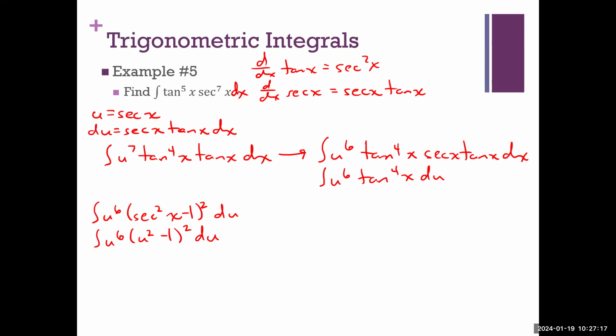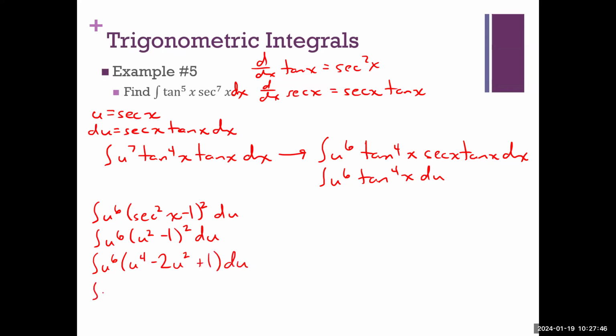So what do we need to do now? Can we integrate from here? Might need to do a little bit more algebra. So what does this bracket become? u to the 4th minus 2 times u squared times 1 plus 1.